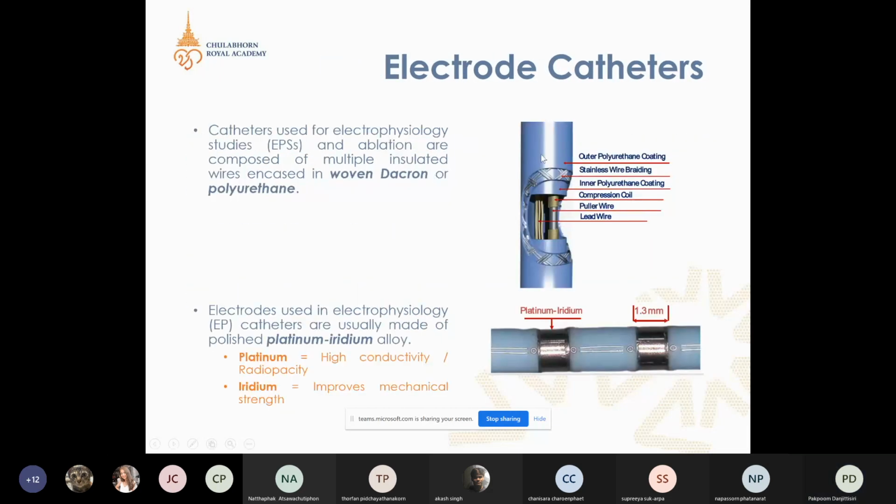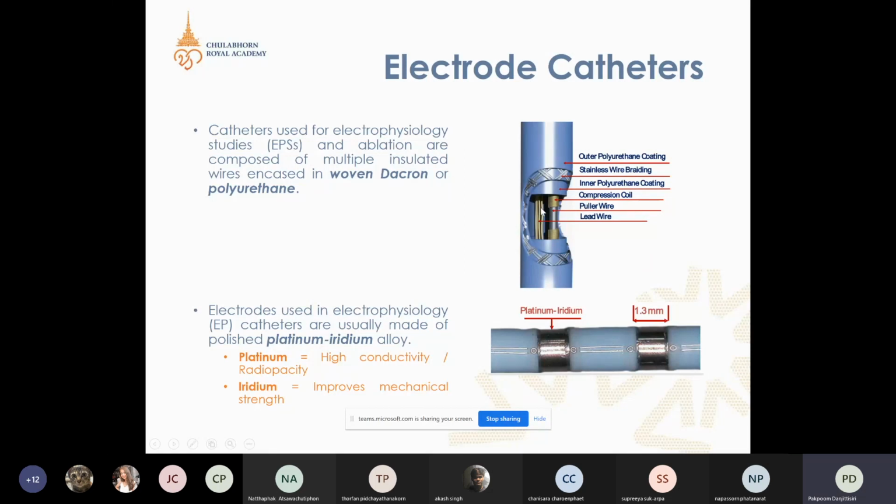Okay, so inside the catheter, you will see the insulated wire that will be connected to each electrode on the EP catheters.